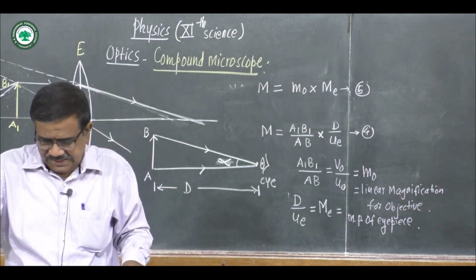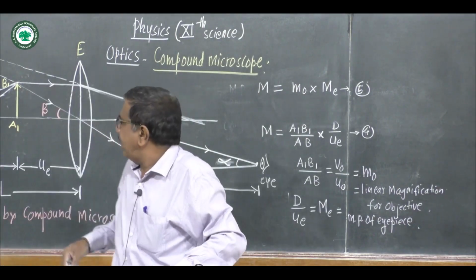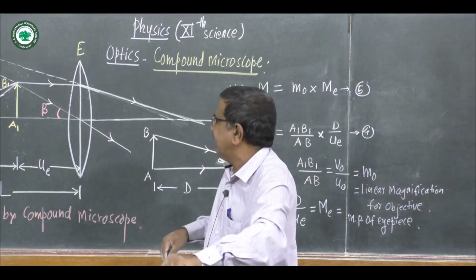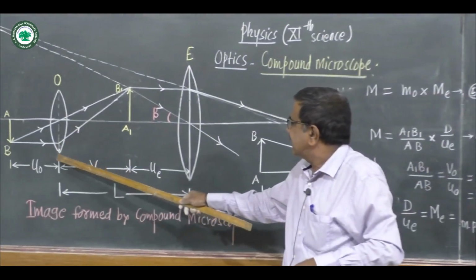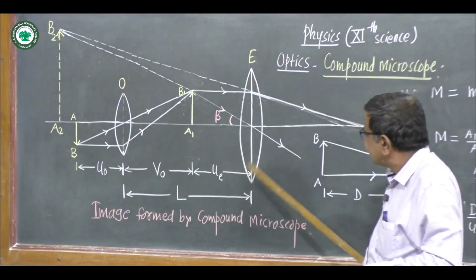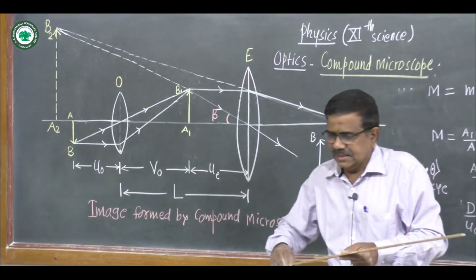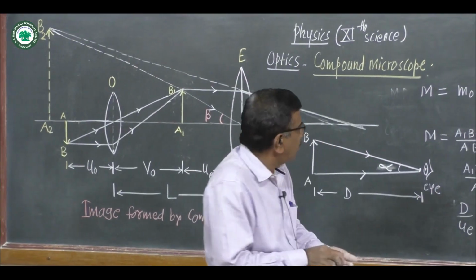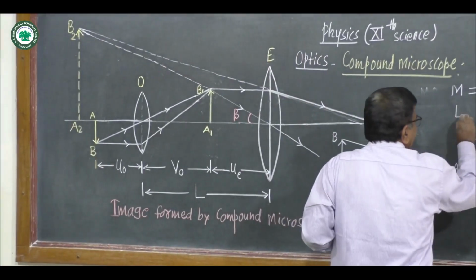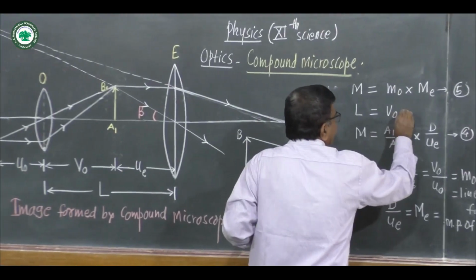Now from the figure, length of the compound microscope is the distance between objective and eyepiece. This is objective and this is eyepiece. This length is L, and from the figure, the length of compound microscope is VO plus UE.